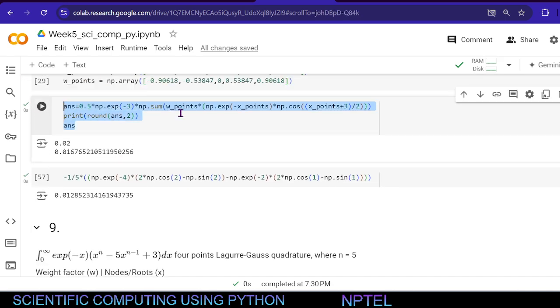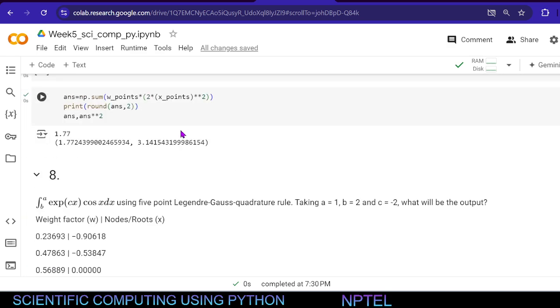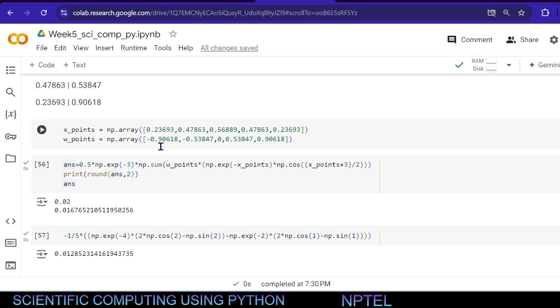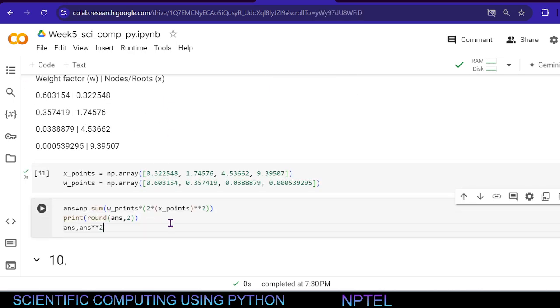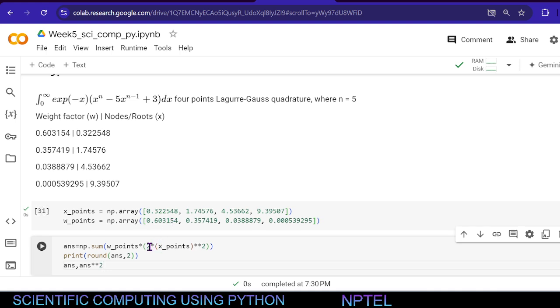So we can copy paste this, not this one. Here, but this will be x points to the power 5 minus 5 times x points to the power 4 and plus 3, right?